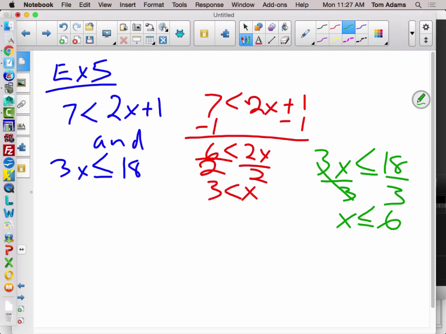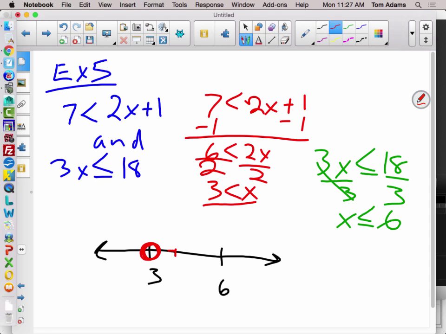All right. You ready? Let's graph these. Now watch how I graph these. Got my number line. I got two numbers that I'm dealing with, 3 and 6. Let's start with this one first. 3 is less than a number. Think of a number that 3 is less than. 4. Are we including 3? No, we're not.